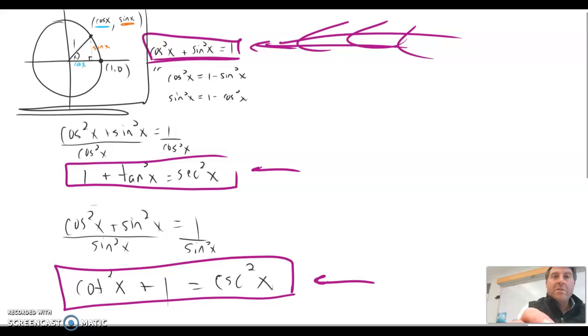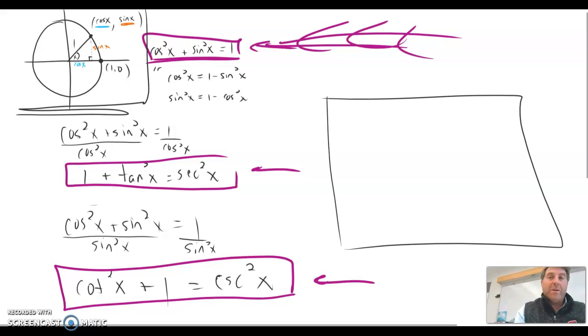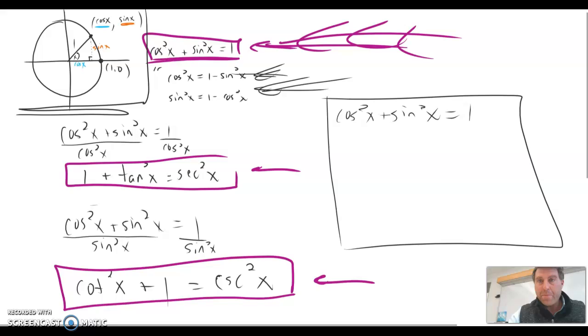Okay? So if you want to put these in your notes, there are 3 identities, and we can manipulate each one. But the first is cosine squared plus sine squared equals 1. That's the original Pythagorean identity. Comes directly from that unit circle right triangle, reference right triangle. And we can, like we did earlier, isolate either cosine squared or sine squared within that.